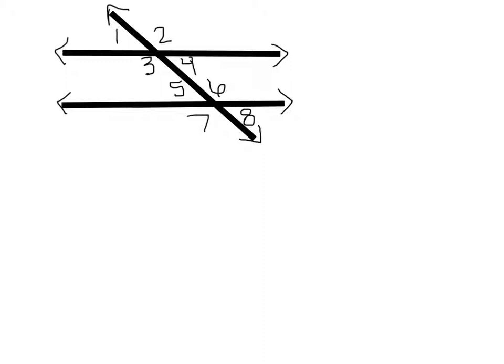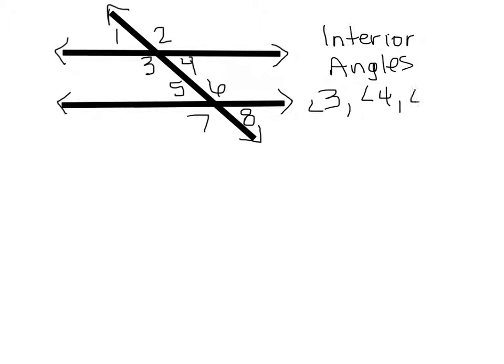Angles that are inside the parallel lines. So angle 3, angle 4, angle 6, and angle 5 are actually interior angles. Angle 3, angle 4, angle 5, and angle 6.